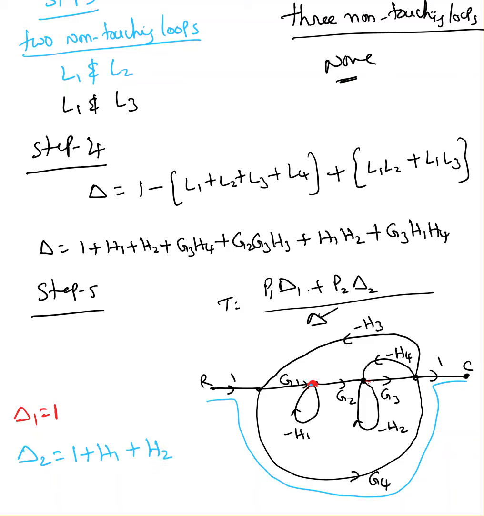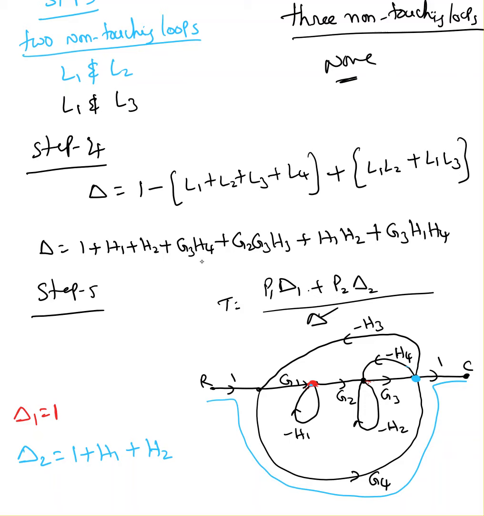Now Z3 H4. Look at this, is this node included in our path 2? Yes, that node is included in our path 2. So Z3 H4 is touching at that node, so do not include that.